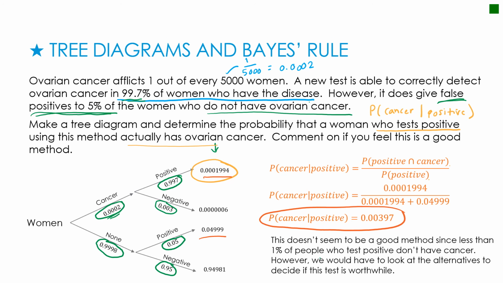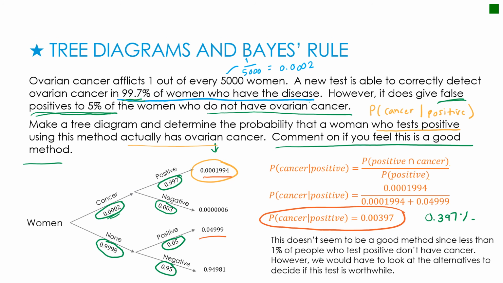So then the question says, comment on whether you feel this is a good alternative or a good method. So we know that basically, well, let's look at it as a percent instead. 0.397% of people who test positive actually have cancer.